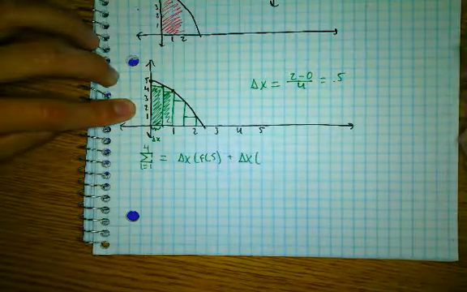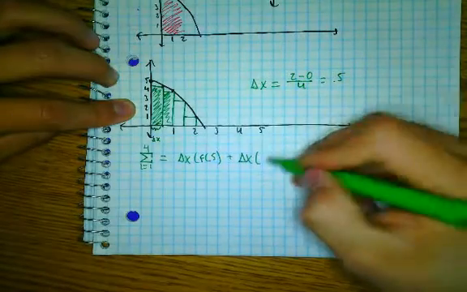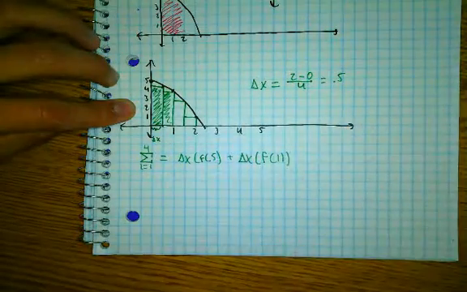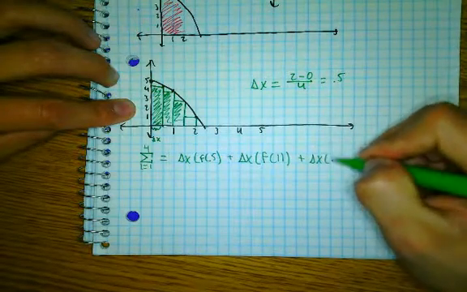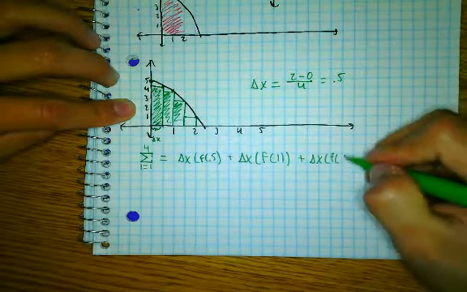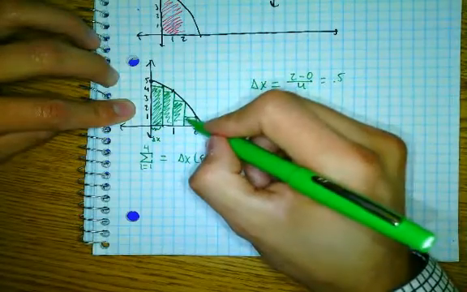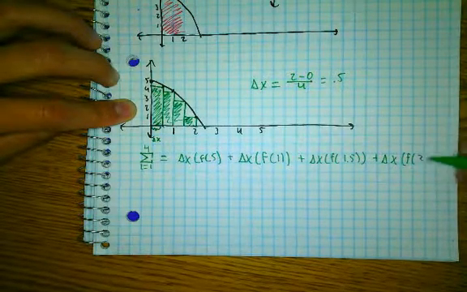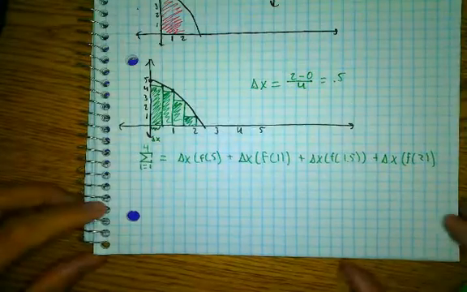F of 1, plus this rectangle, which is delta x times f of 1.5, plus this rectangle, which is delta x times f of 2. Agreed? I need to come up with a formula so that I don't have to write all these terms.